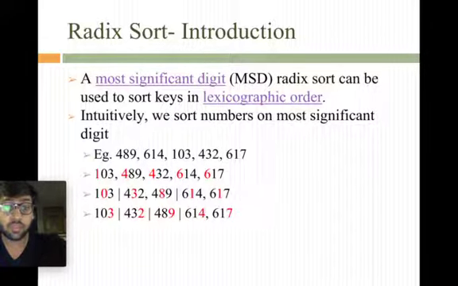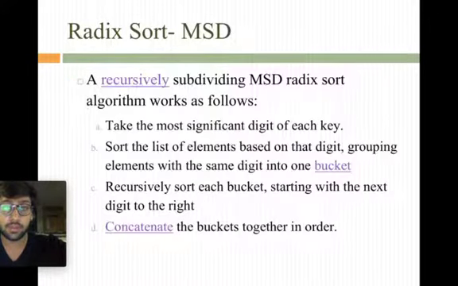So now we can see that 103, 432 and 489 are all sorted and in separate buckets. Whereas in the last bucket, we'll sort 614, 617 depending on the last digit. So it requires 3 total passes of the bucket sort algorithm to finally give us the correct sorted order, which is 103, 432, 489, 614, and 617.